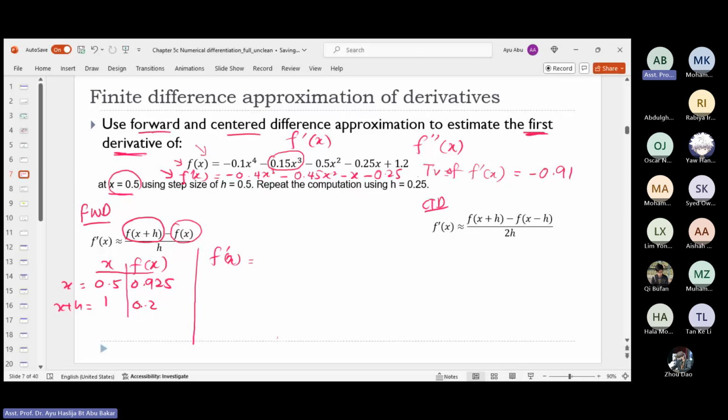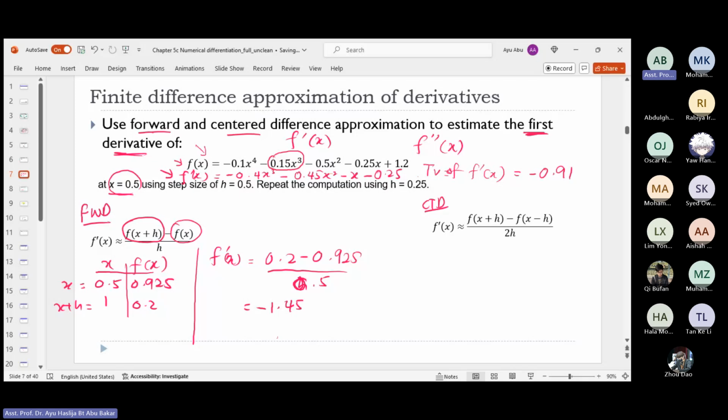So f(x plus h) is 0.2 minus f(x) over h which is 0.5. What is that? Minus 1.45. Correct. Simple as that.